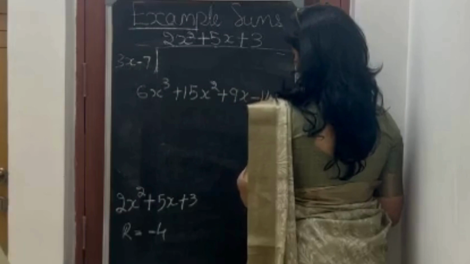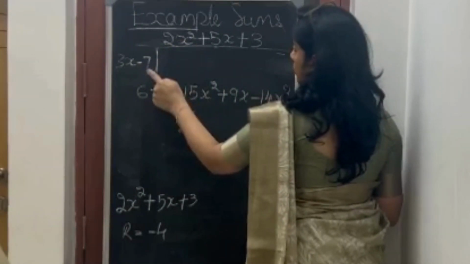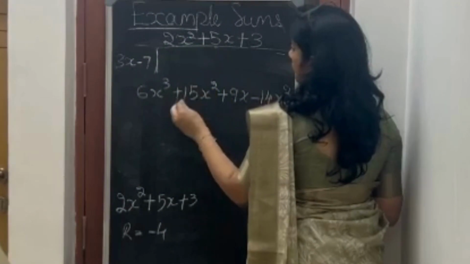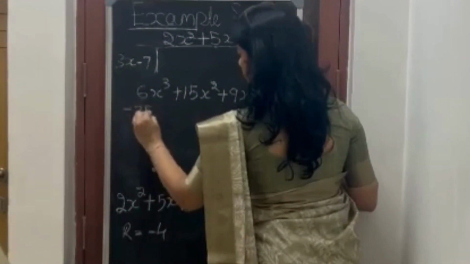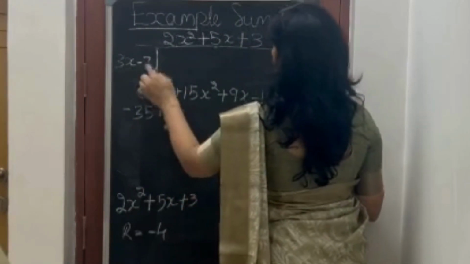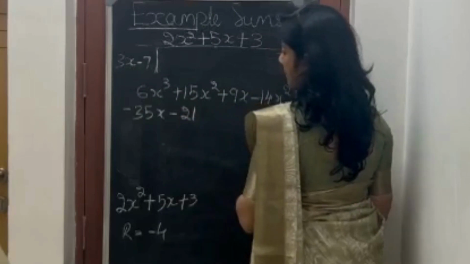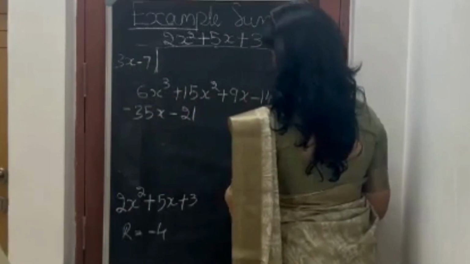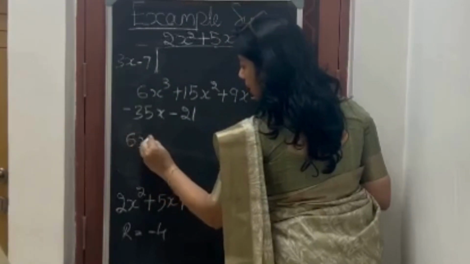I am doing multiplication. 7 into 2 is 14x square. Then minus 35x, then minus 21. Now 6x cube, can I do any subtraction or addition with it? No, I'll write it as it is.